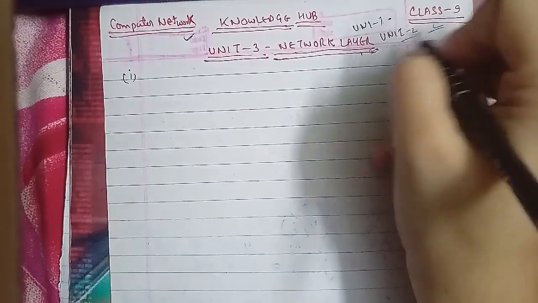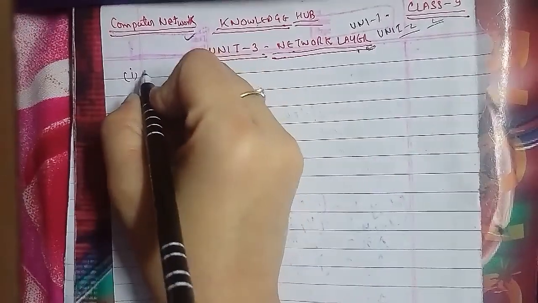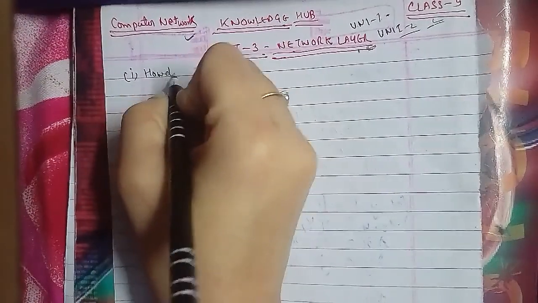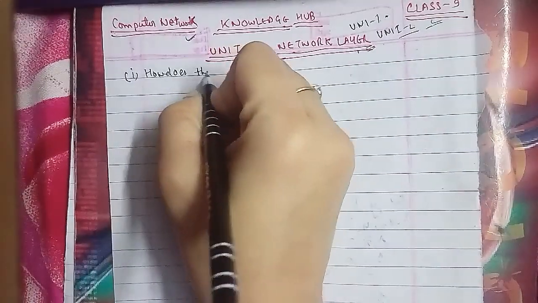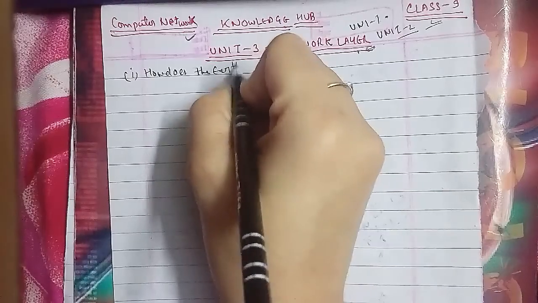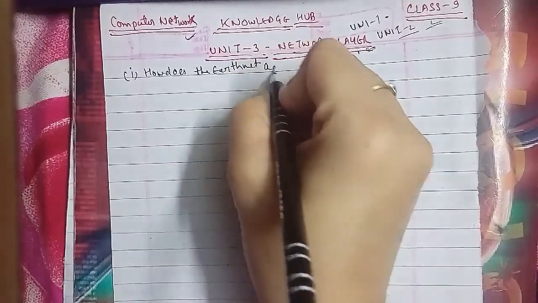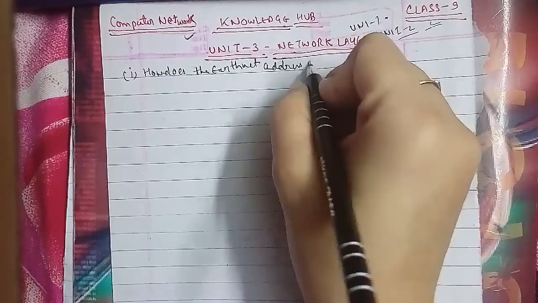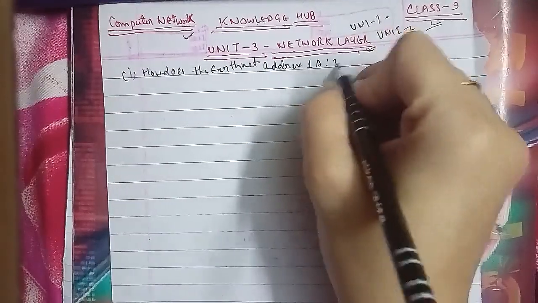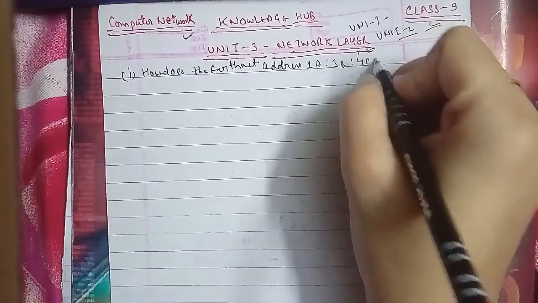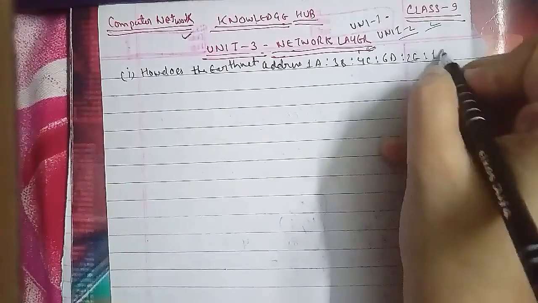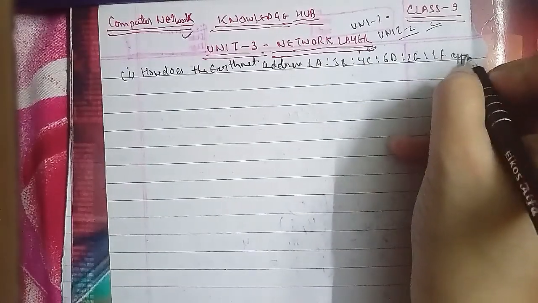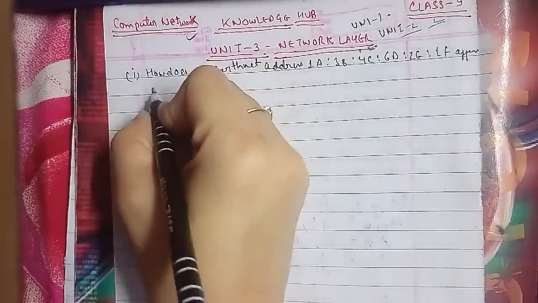The first part we have to solve is: how does the Ethernet address 1A, 3B, 4C, 6D, 2E and 1F appear on the line in binary?